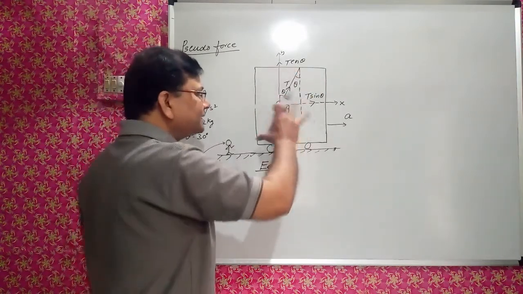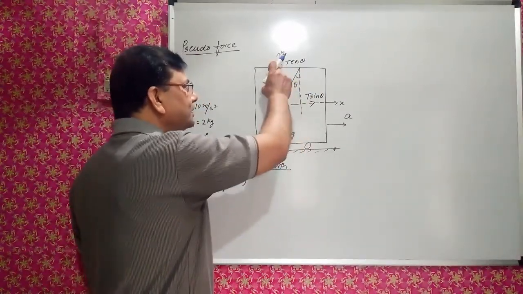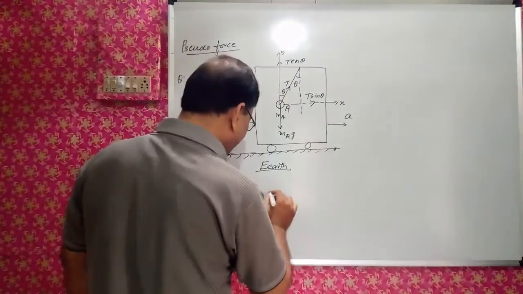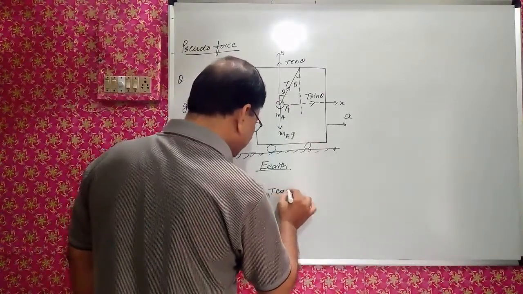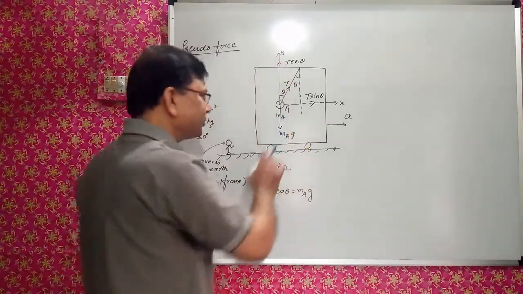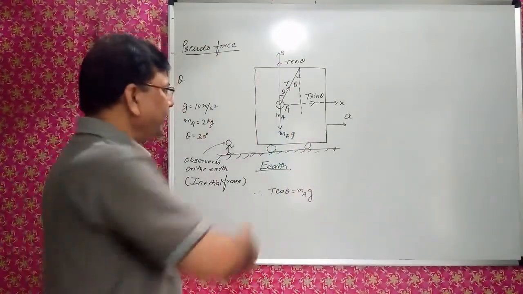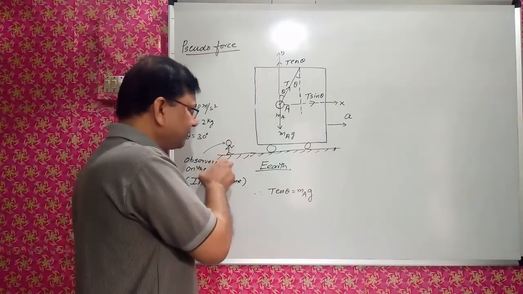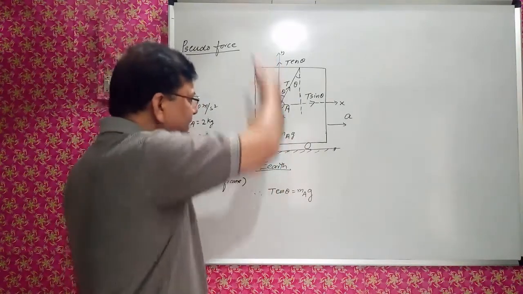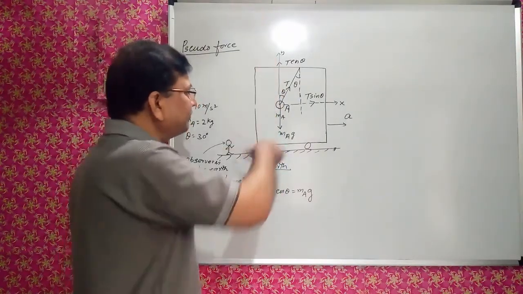Now if we see the forces, T cos theta is balancing mg. So we can write, therefore, T cos theta is equal to mg. It is getting balanced because there is no motion of the bob in the vertical direction. The observer will say the bob is moving in this direction only. So net force along the y-axis will be equal to 0.